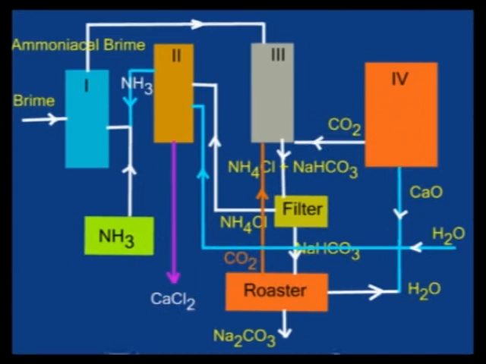The process should actually be situated near a river to have enough water for cooling purposes. Now here is a summary of the reactions that take place in different chambers.